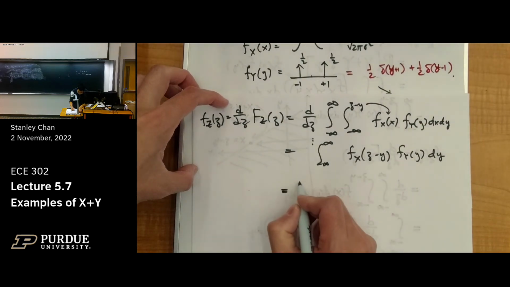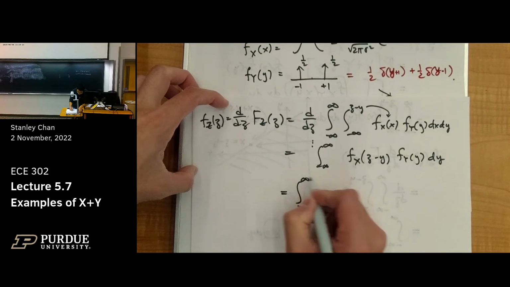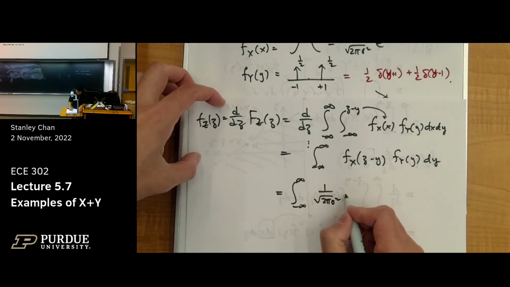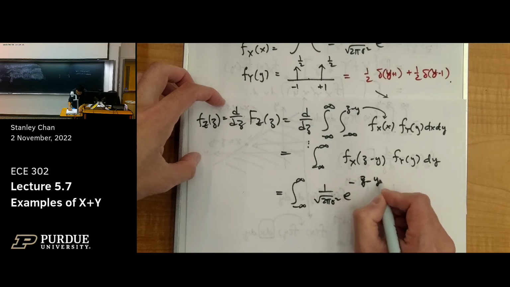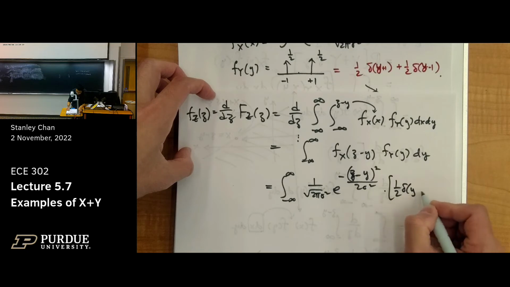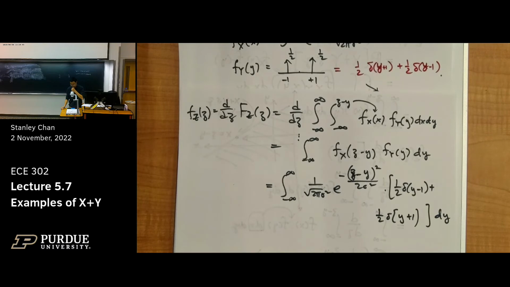So let's do it. f_X would just be 1 over root 2 pi sigma square, and then e to the minus (z minus y) squared divided by 2 sigma square. f_Y will be 1/2 delta of y minus 1 plus 1/2 delta of y plus 1, and dy. It's a little bit long, but not too bad.